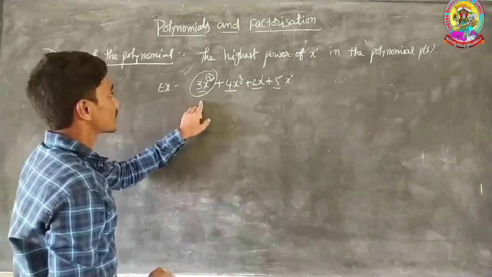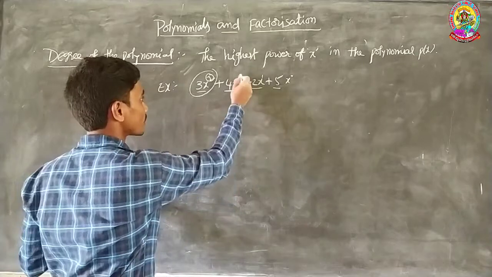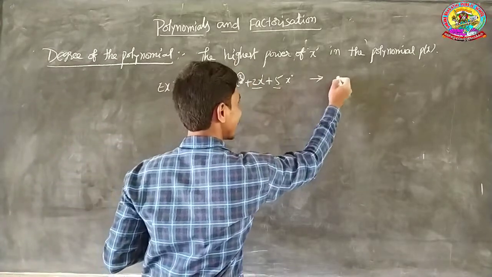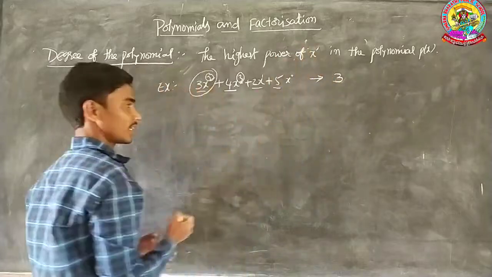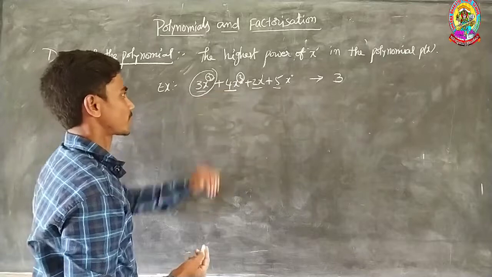What is the highest power in all these terms? 3 is the highest power. So 3 is the degree of this polynomial.